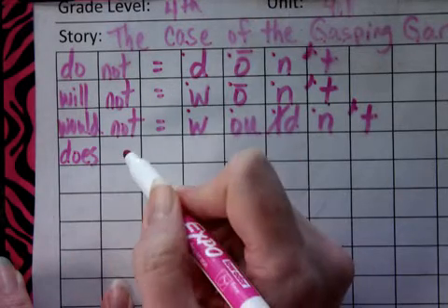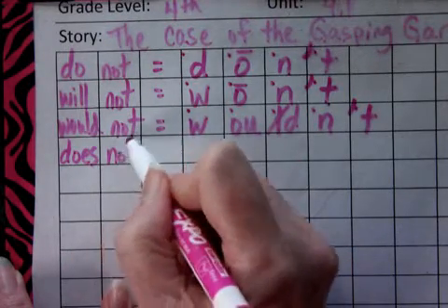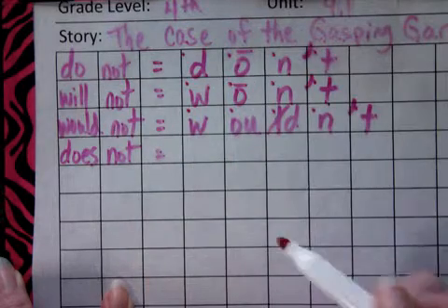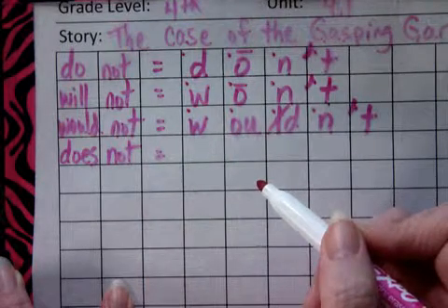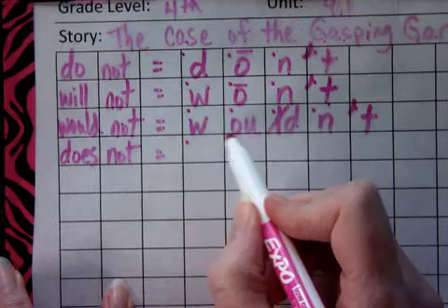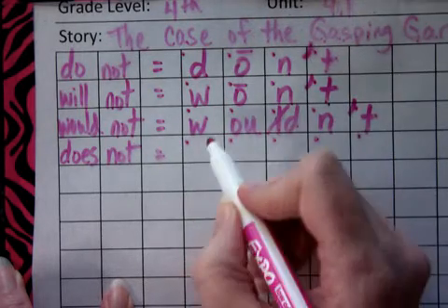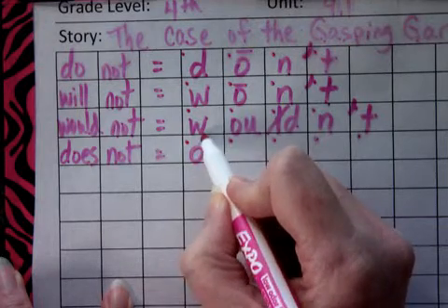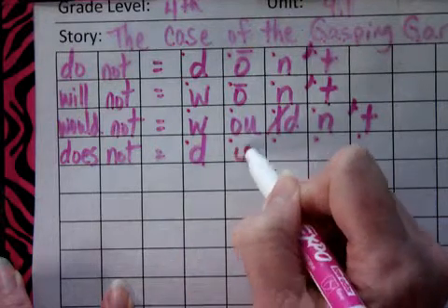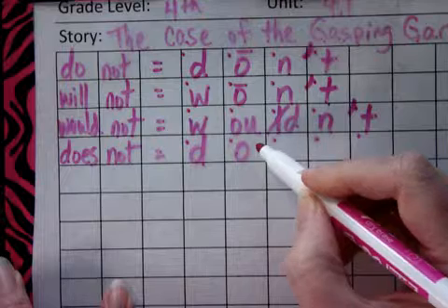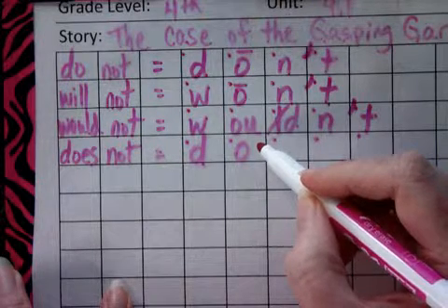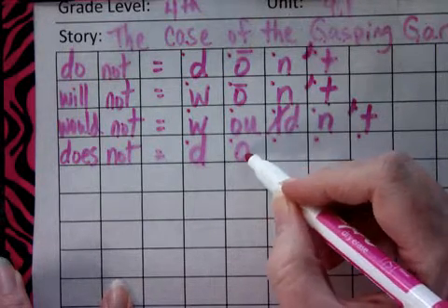The next combination is does and not. Does not is doesn't. D, z, n, t. The D comes first. The vowel is actually the schwa sound. The schwa sound can be represented by lots of different vowels.